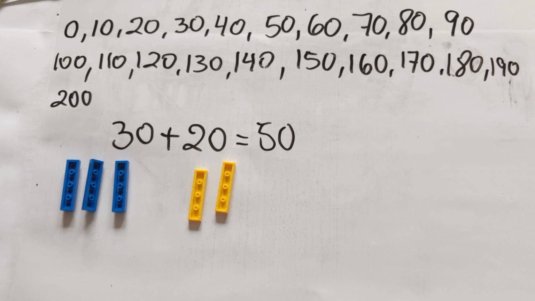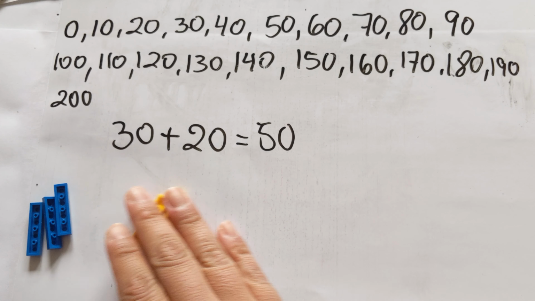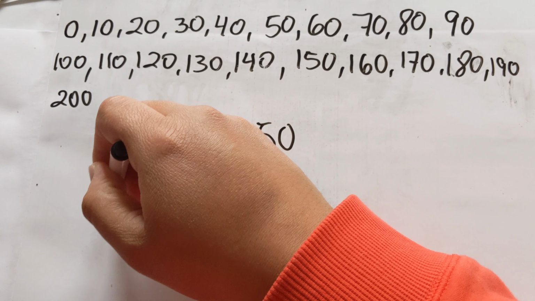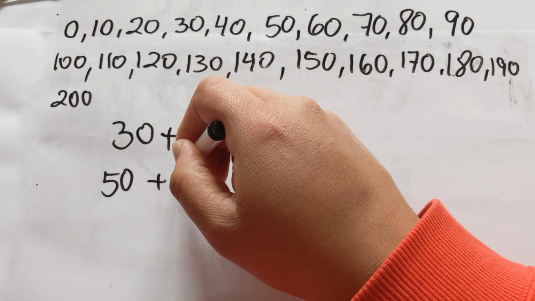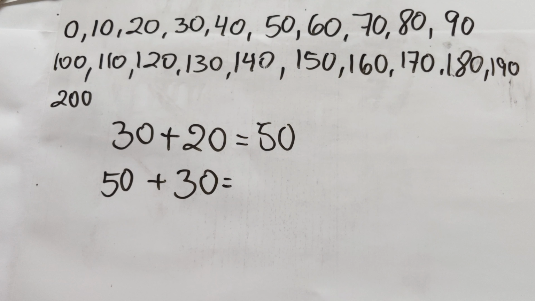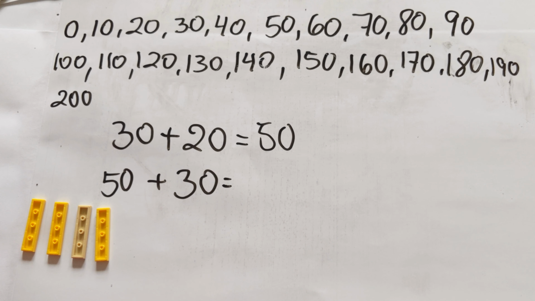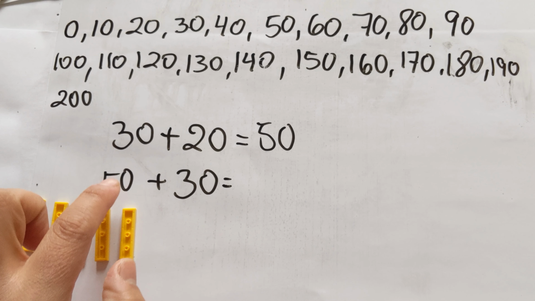Now, let's do another one. Now, let's say we have 50 plus 30. I'm going to need 5 tens here. 1, 2, 3, 4, 5. 10, 20, 30, 40, 50.